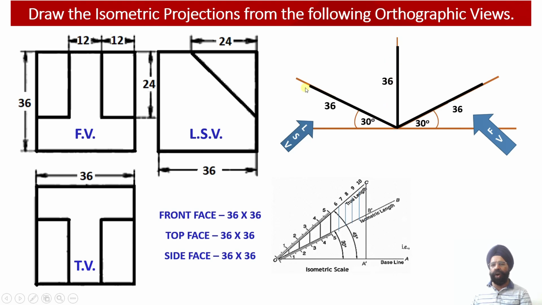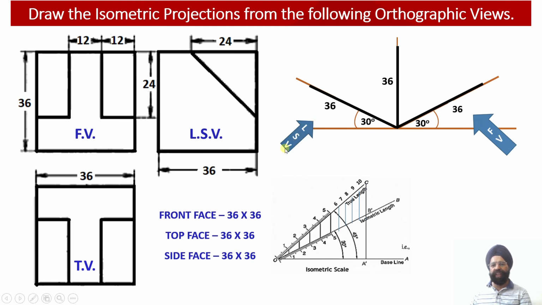That is, along the XY plane we are going to have the square face of the left hand face of this particular solid, where along the x-axis the 36 millimeter edge will be marked and along the y-axis also 36 millimeter edge, that is the height, will be marked. So this is the width of the solid, that is along the x-axis the width of the solid has been marked, and along the y-axis the height of the solid equal to 36 millimeter has been marked.